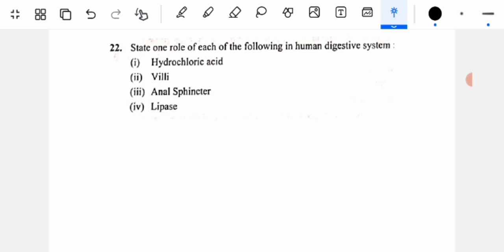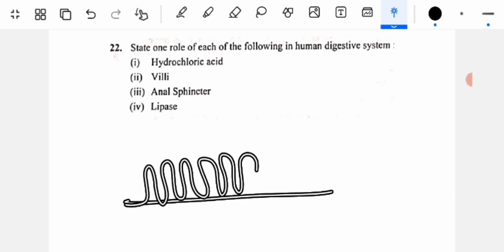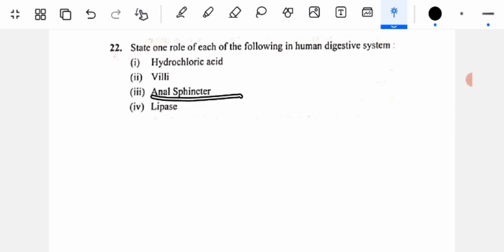Villi help to increase the surface area in the small intestine, which helps in absorption. There are blood vessels here, and villi help to give the nutrition to each cell in the body. And the anal sphincter: if the fecal matter has to go out, the anal sphincter is very important.